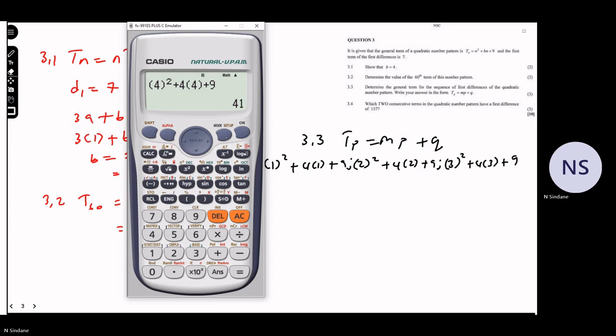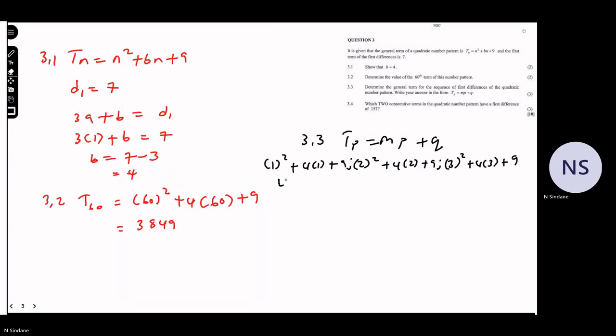So we have 14, 21, 30, 41. That is my pattern.